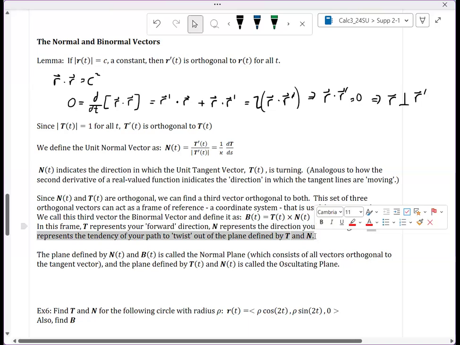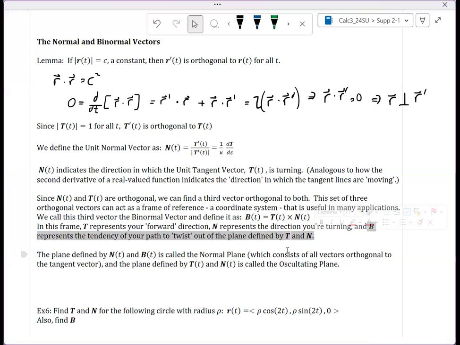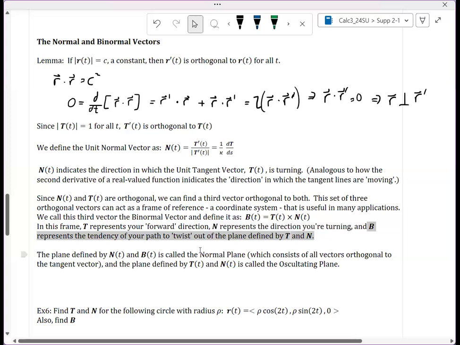And if we think of T and N, those two vectors construct a plane. And we could be moving along a curve that stays in that plane, or we could be moving along a curve that moves out of that plane. And B, the binormal vector, represents the tendency for a path to twist out of that plane.